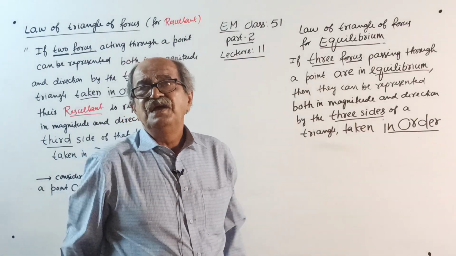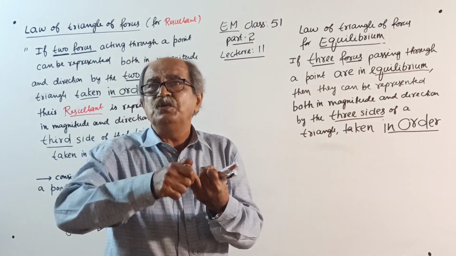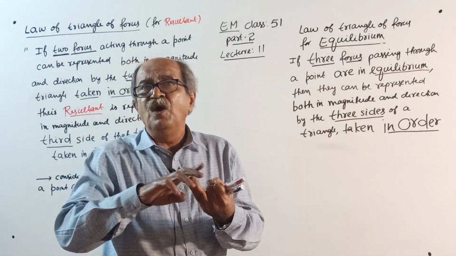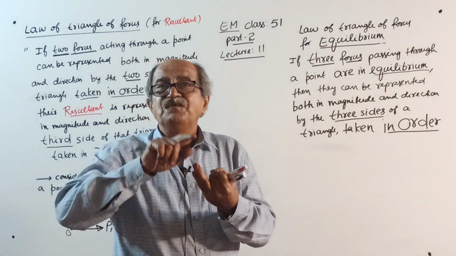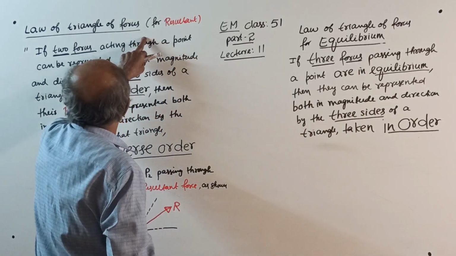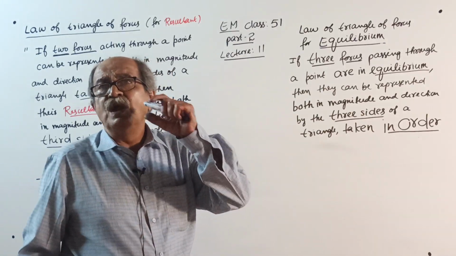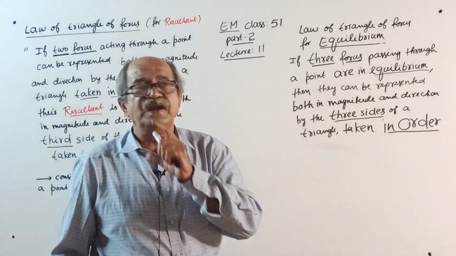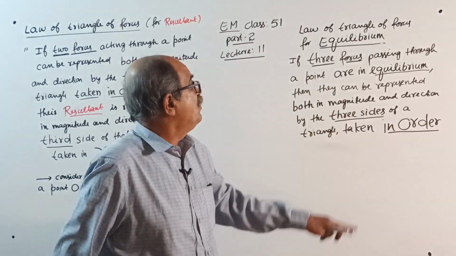What is the reason? First force, say P1. Second force, P2. Not third force, because forces P1, P2. Now resultant is there. For resultant, we need one more side. So if you consider a triangle, here two sides are for the forces, one more side is left out, that is for resultant. Here, there is no resultant. So this is for three forces.